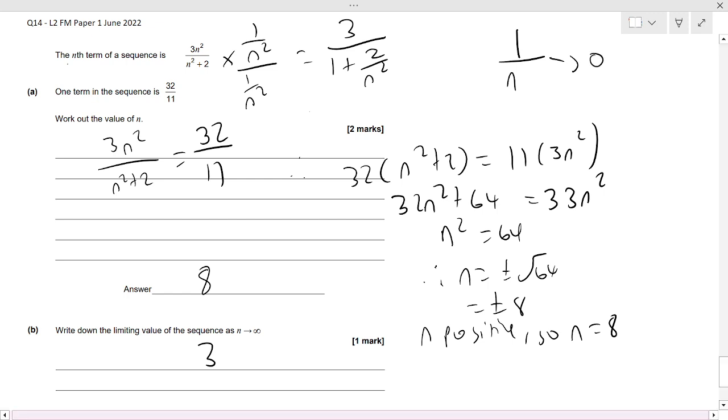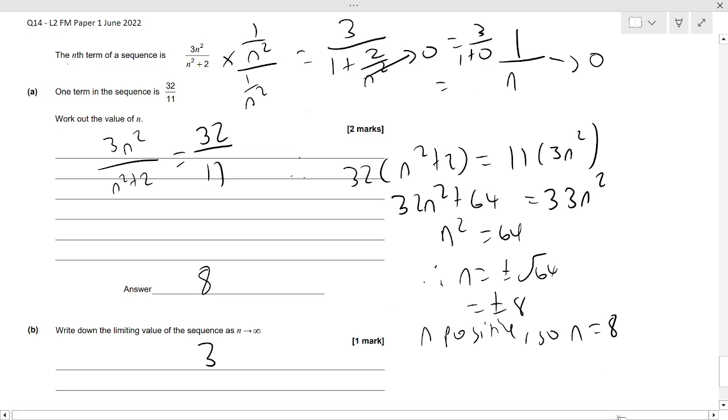If you do 1 divided by a big number, it will go to 0. And so whenever we have some multiple of 1 over n, this will go to 0. So again, you'll be left with 3 over 1 plus 0, which is 3 over 1, which should just be 3. Again, that's another way you can get to 3.